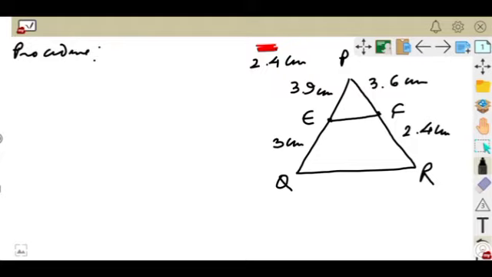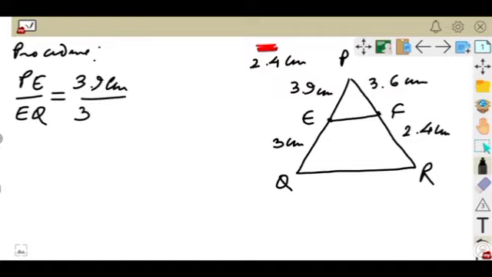First, let us find the value of PE by EQ. What is PE here? 3.9 centimeter. What about EQ? This is 3 centimeter. We can cancel this centimeter. Now we have 3.9 divided by 3.